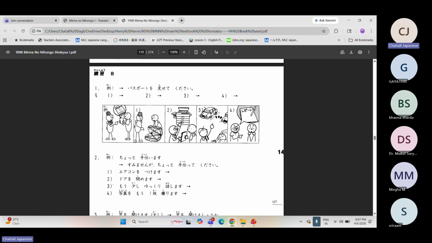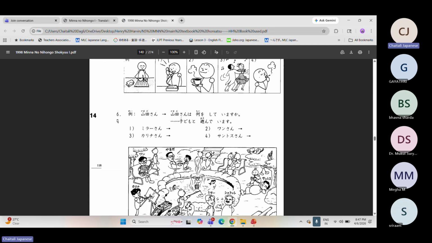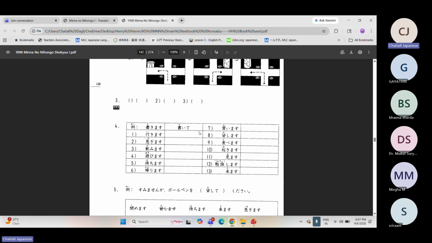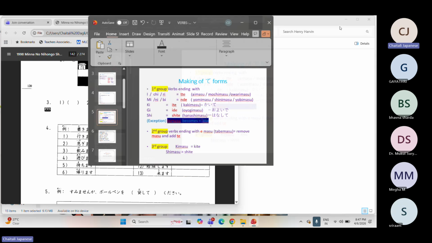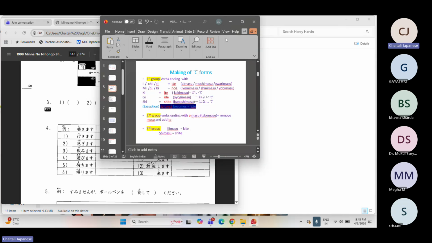Before that, I want you guys to solve this box first. Before starting the exercise, I want you to do this. I'm going to give you 5 minutes for this. We have to change your mas into te form. If you want, I can keep the PPT open for you guys.